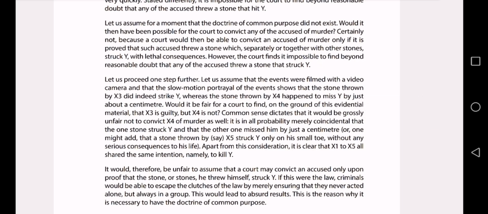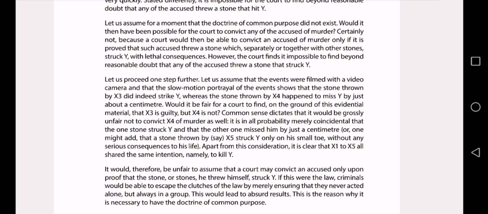Let us assume for the moment that the doctrine of common purpose did not exist. Would it then have been possible for the court to convict any of the accused of murder?